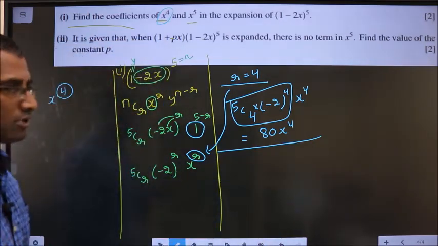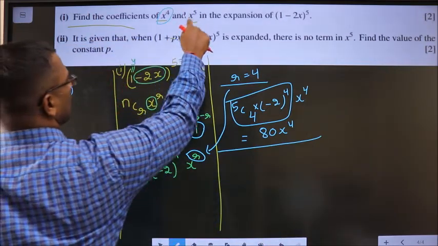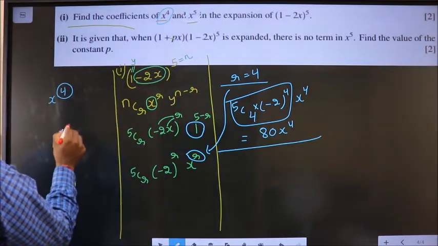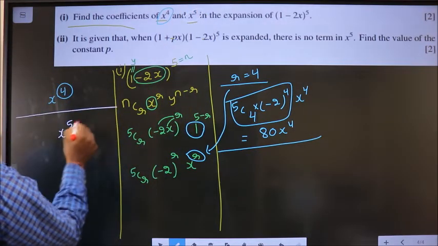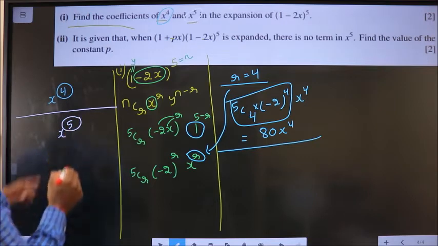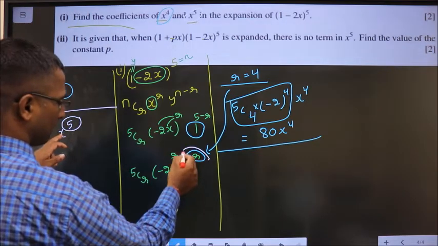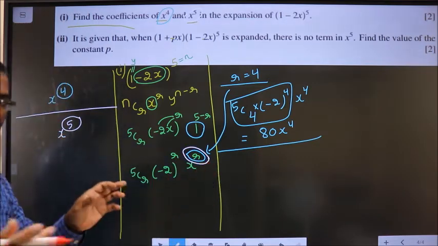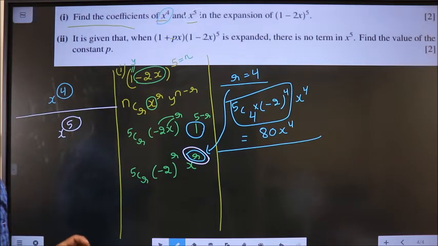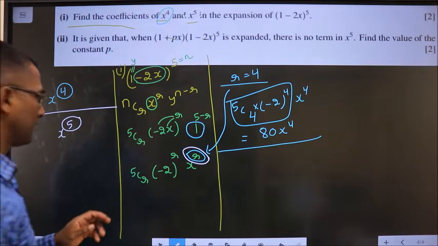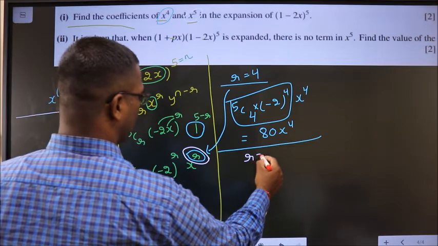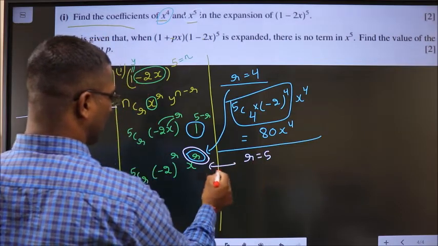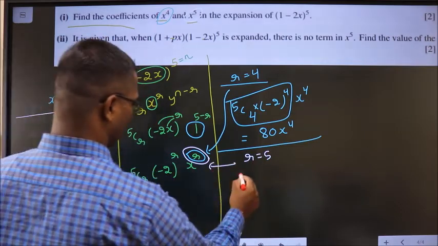Next, you also need the coefficient of x power 5. On x the power is 5. Here on x the power is r. Equate both the powers of x to get the value of r. From that you get r to be 5. Now replace r equal to 5 in this.